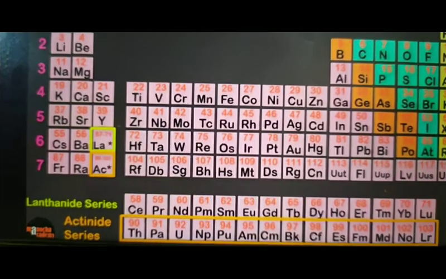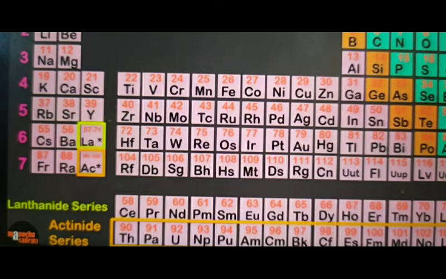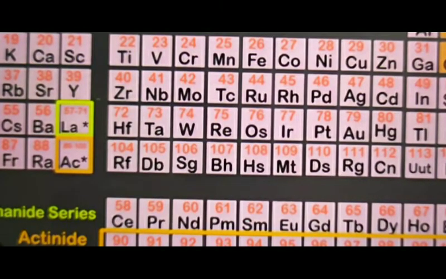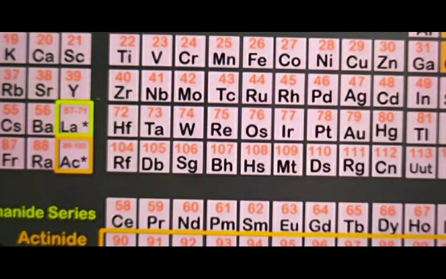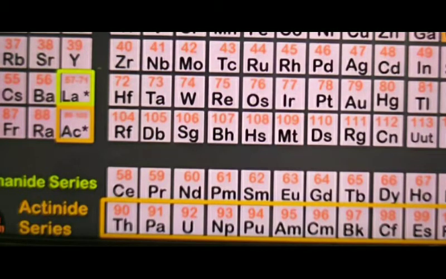In this series, you can see lanthanum having atomic number 57, and this series is at the lower side. We can see Ce having atomic number 58. Here there is a break, and also actinium having atomic number 89 and thorium having atomic number 90. So this is the actinide series.